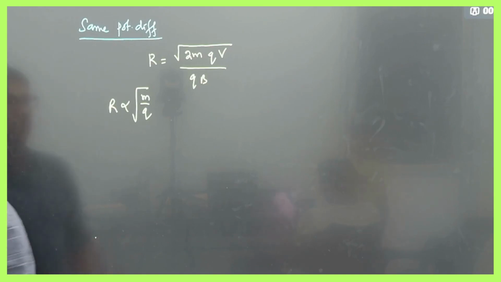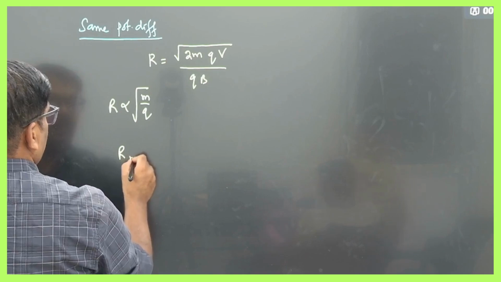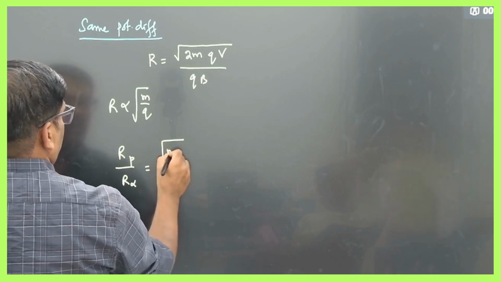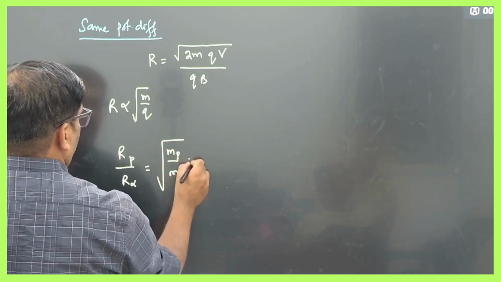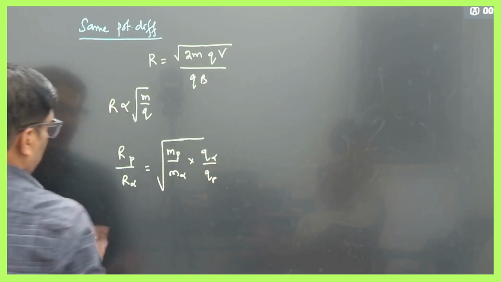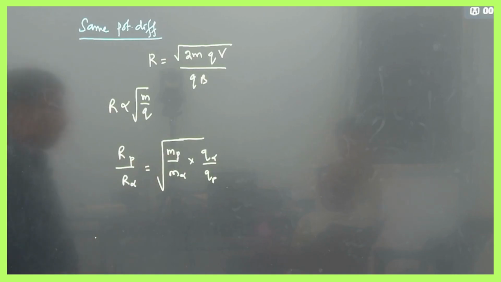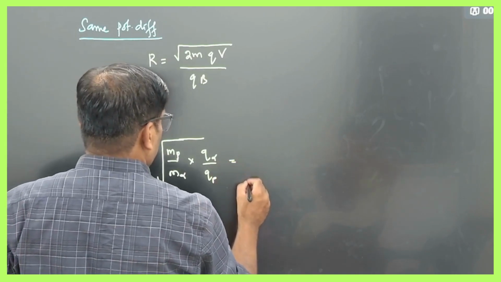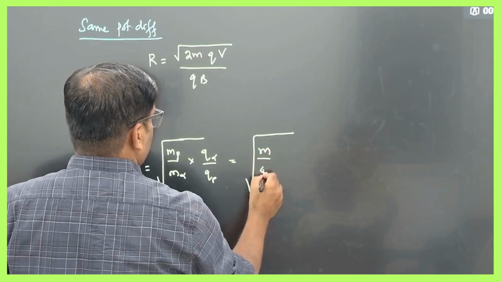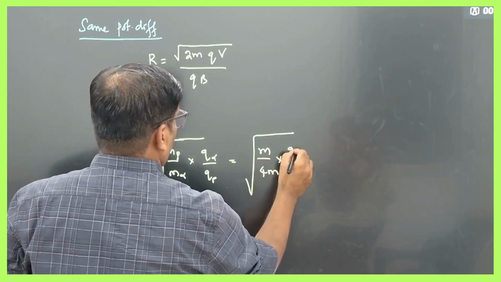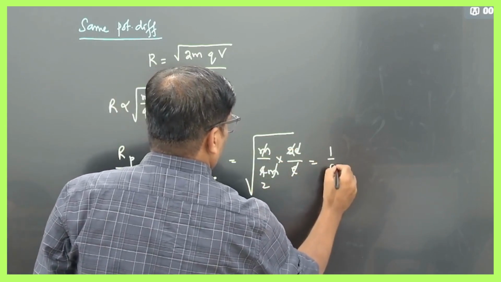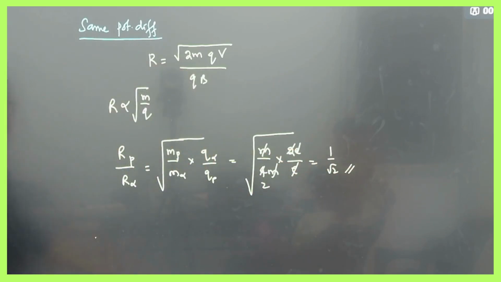So here we can write radius of the proton by radius of the alpha is directly proportional to mass of the proton by mass of the alpha into charge of the alpha by charge of the proton. Why? Because inversely proportional. So mass of the proton is m, mass of the alpha is 4m into 2e by e, you will get cancel, so therefore 1 by root 2, this is the ratio.